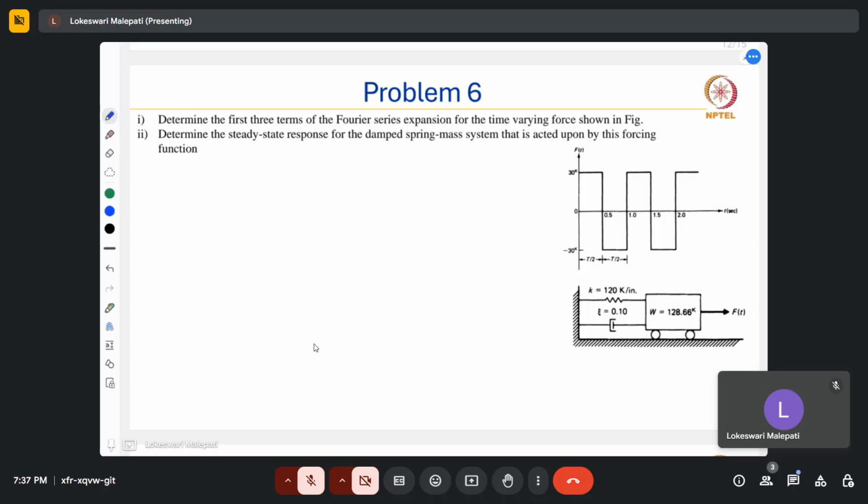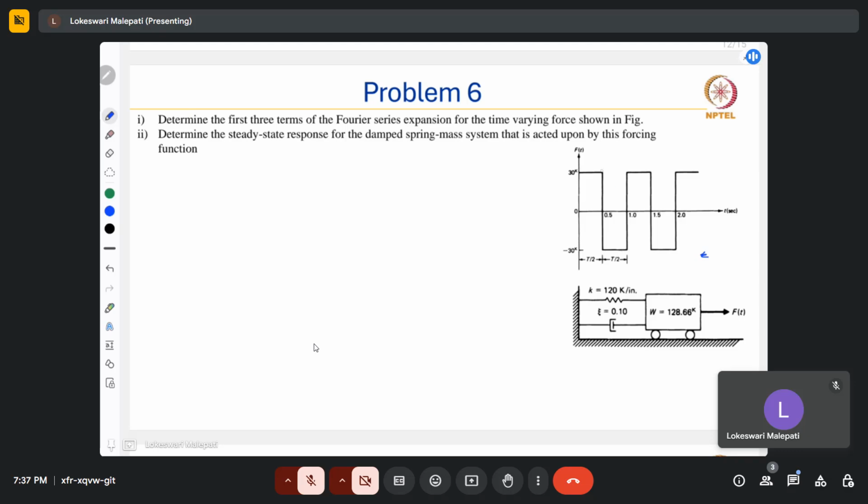Now, let's see this question. Determine the first three terms of the Fourier series expansion for the time varying force shown in the figure. So, this is the figure. You can see that for a time period of t from 0 to t, it has two piecewise constant graphs.